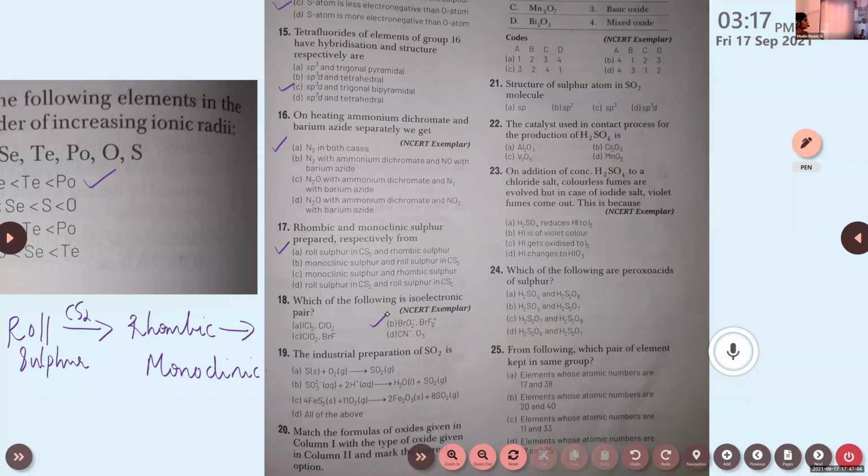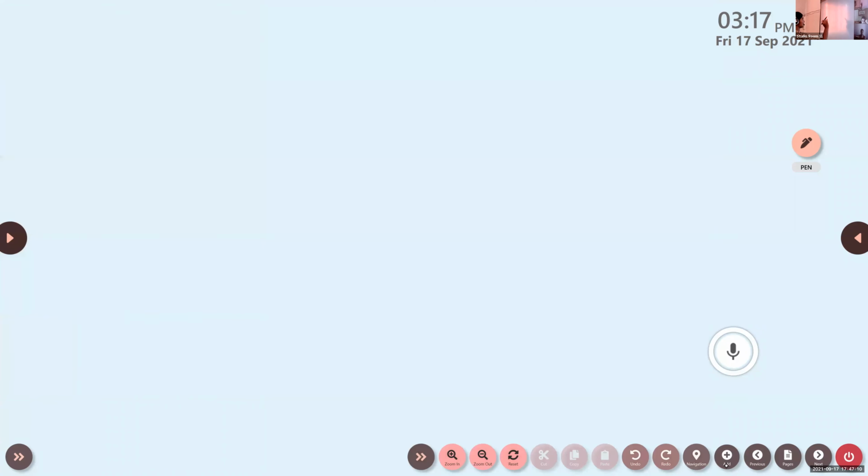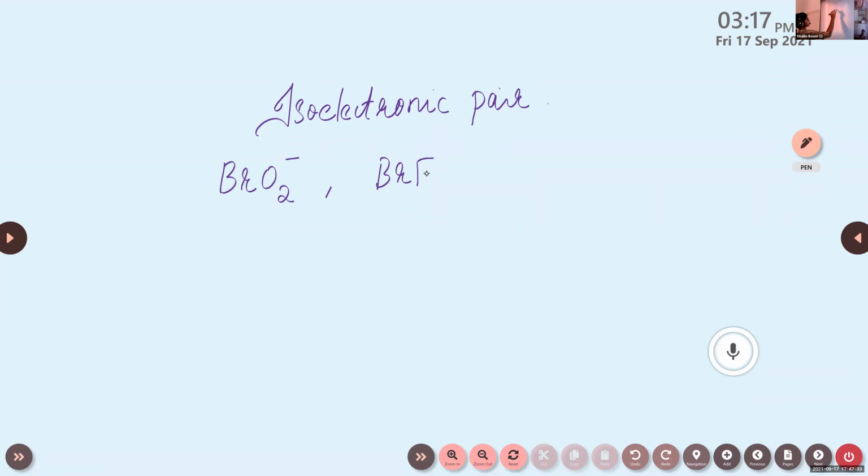Have you completed this one? Yes. Then we can do that to find the isoelectronic pair. So here the correct answer is BrO2 minus, BrF2 plus.